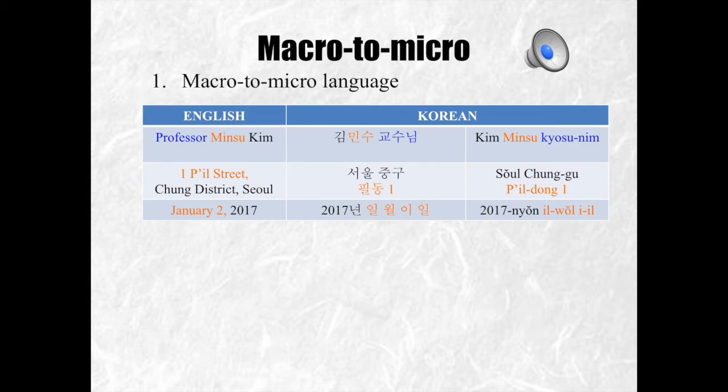And whenever I put addresses on the envelopes, I get reminded of this major difference. And the dates, the same thing. In English, you pinpoint the date first, January 2nd, 2017. But in Korean, the big picture comes first. So 2017, and then January, and then the date, like that.